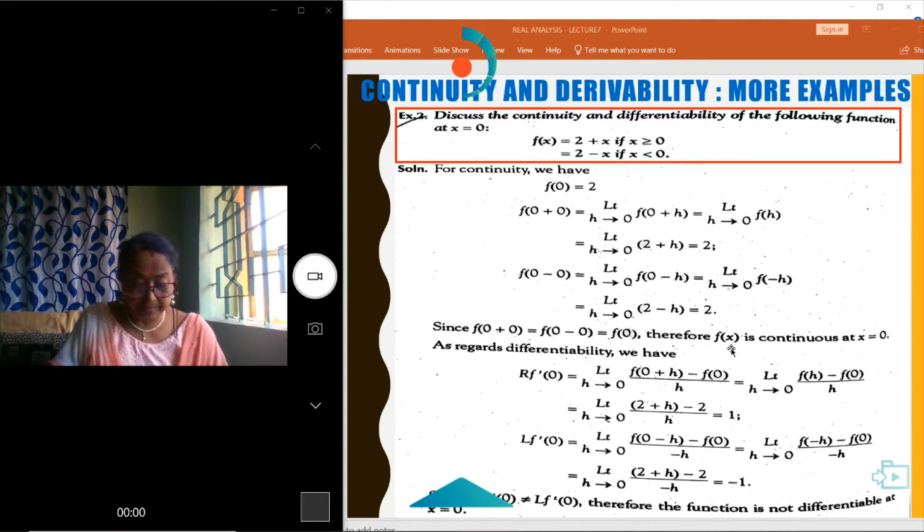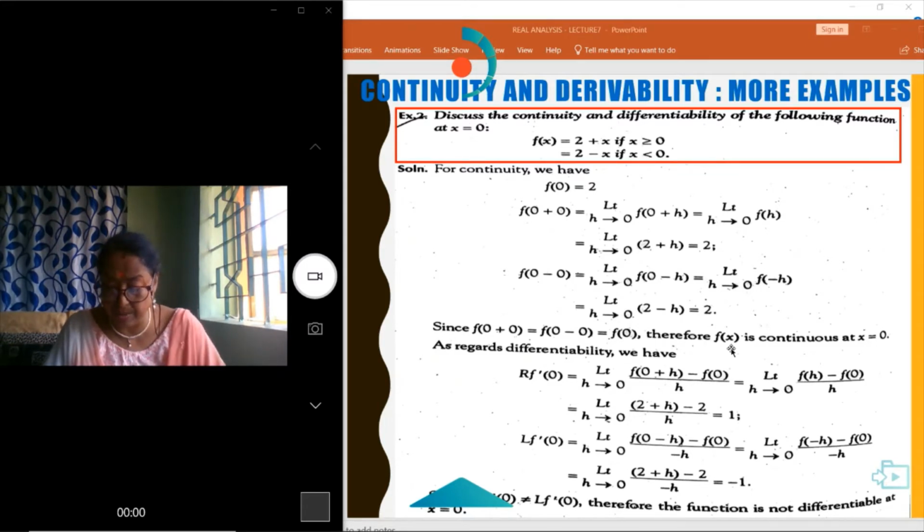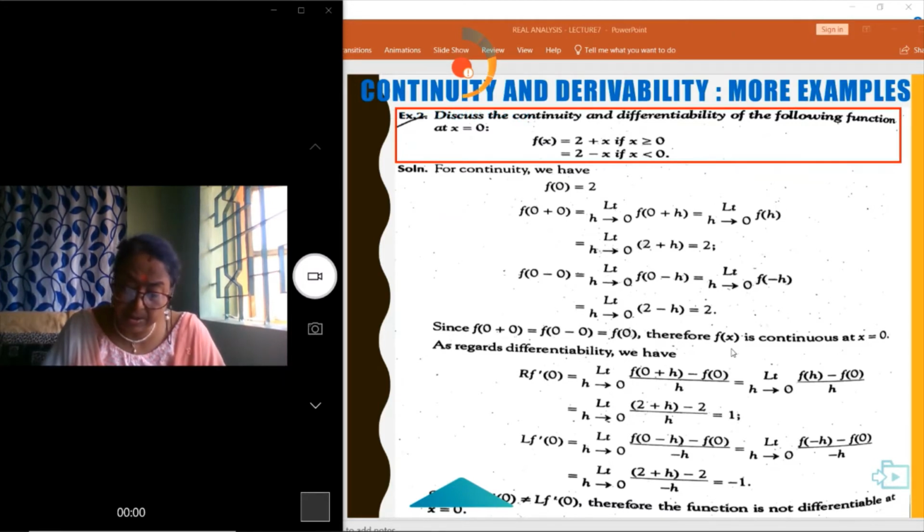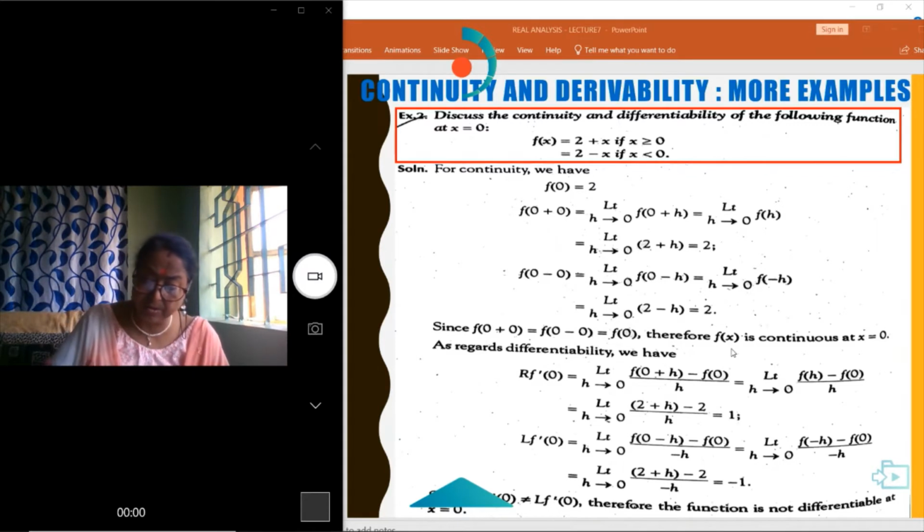For f(0-0), we have to take the function f(x) equal to 2 - x and put x equal to 0 in the formula for continuity of the function. So we get f(0) is 2, f(0+0) is 2 and f(0-0) is also 2.